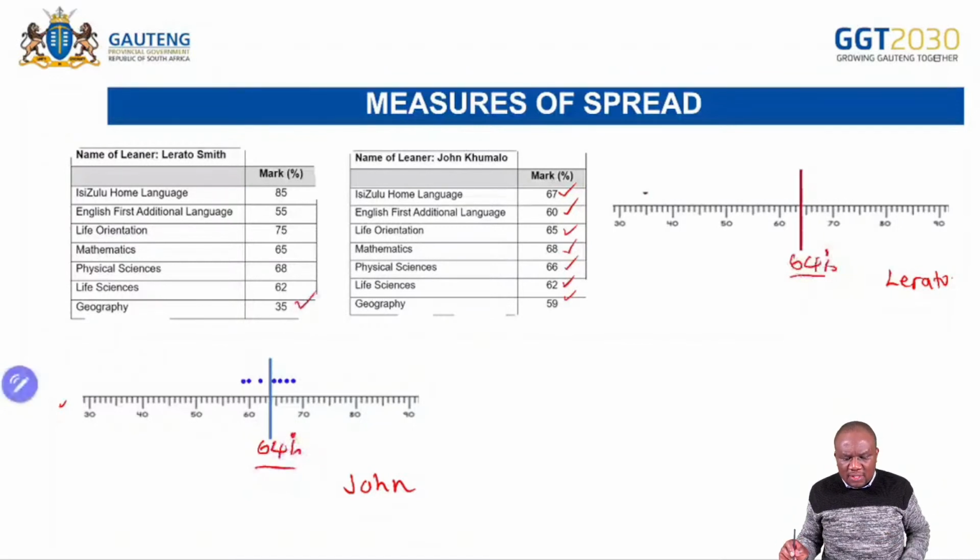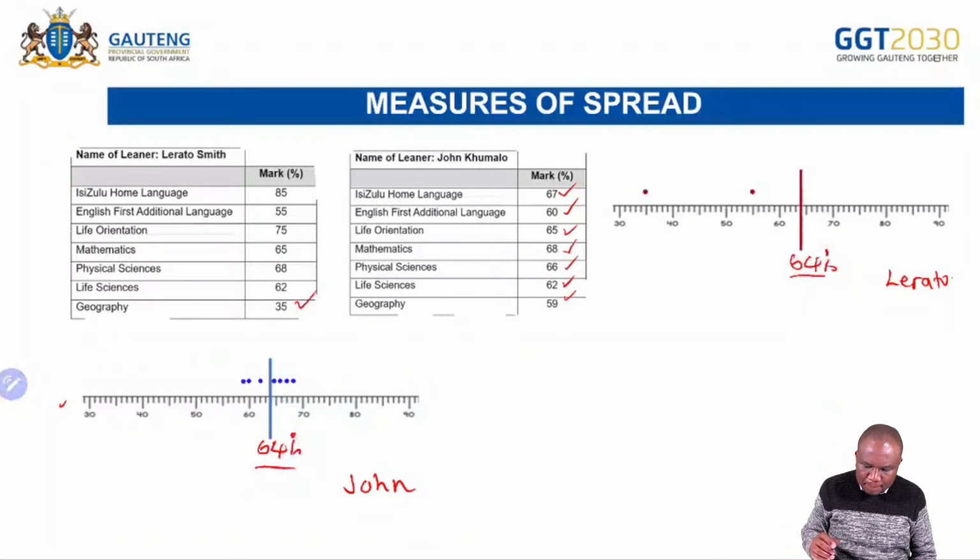After 35, we have 50, 55, and then we have 62, we have 65, we have 68, we have 75, and then we have 85.